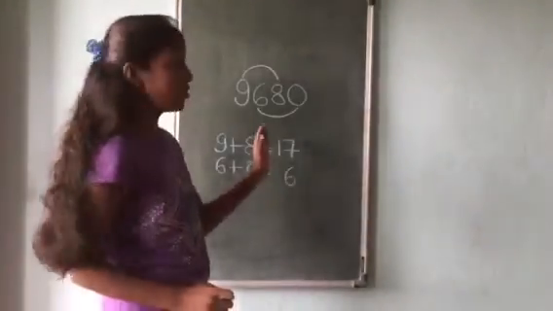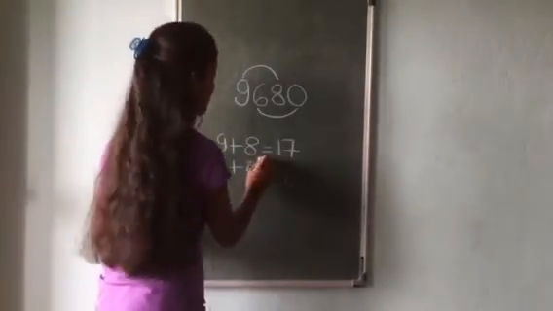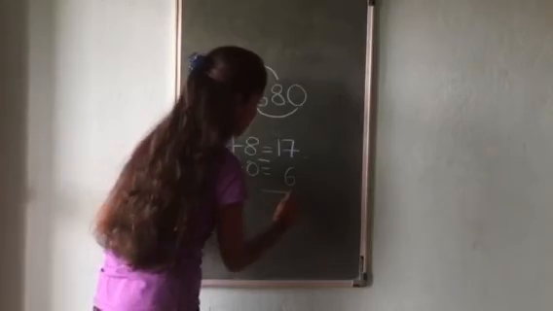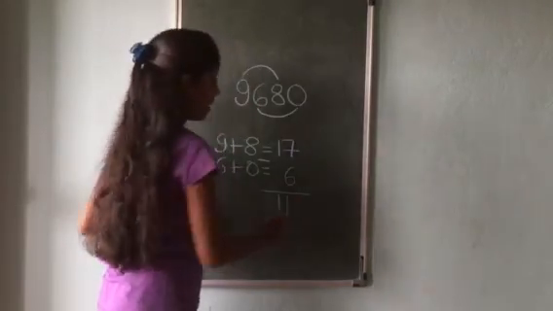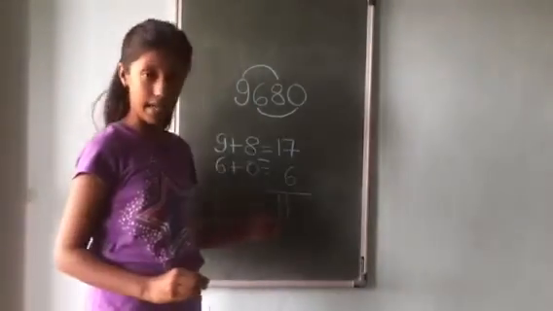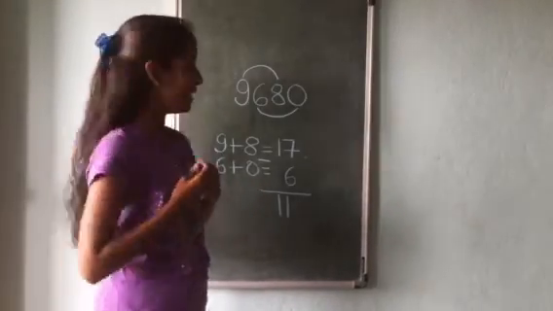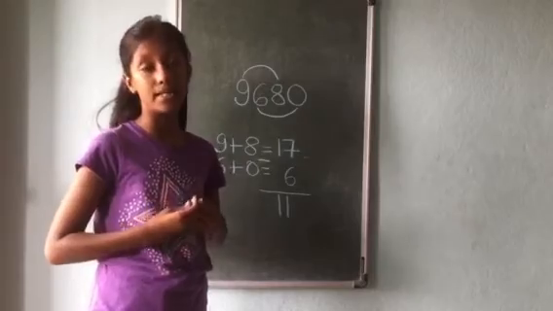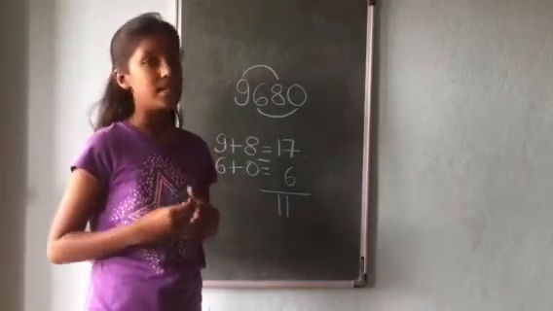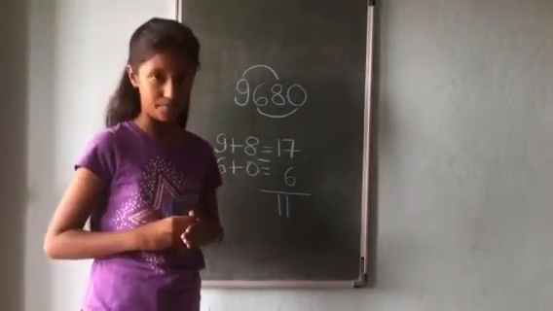Now we have to subtract. So 17 minus 6 is equal to 11. Now if the answer is 11 or 0, then it is divisible by 11. And if you get any other number except 0 or 11, it's not divisible by 11.